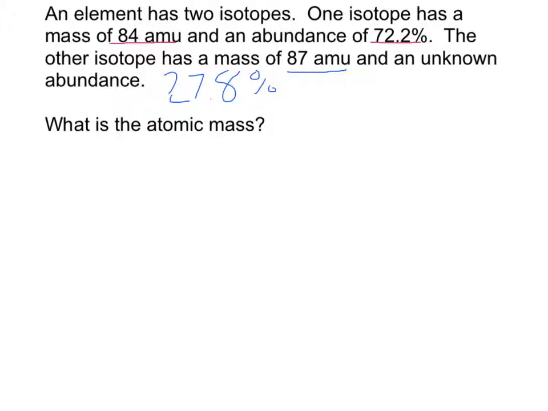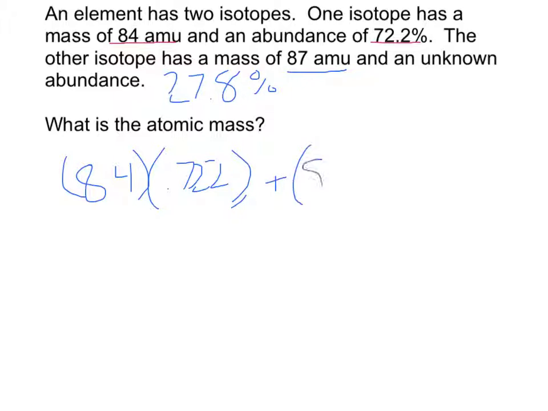So the atomic mass is going to be 84 times 0.722 plus 87 times 0.278.